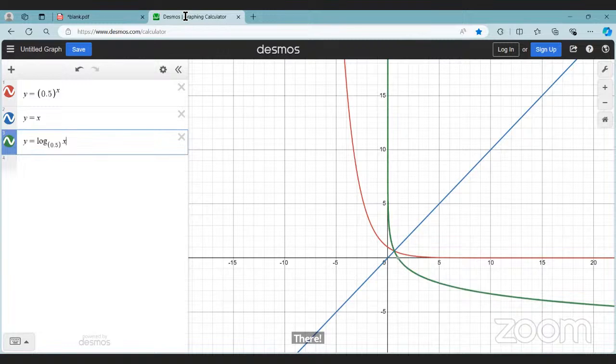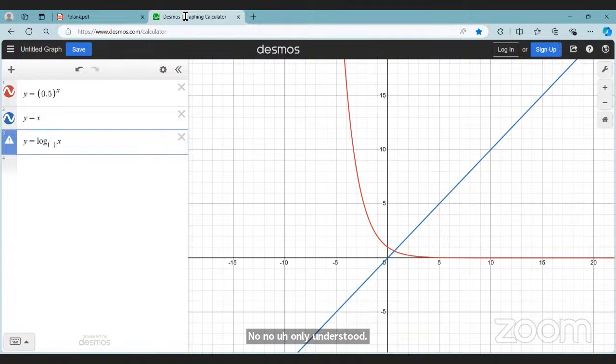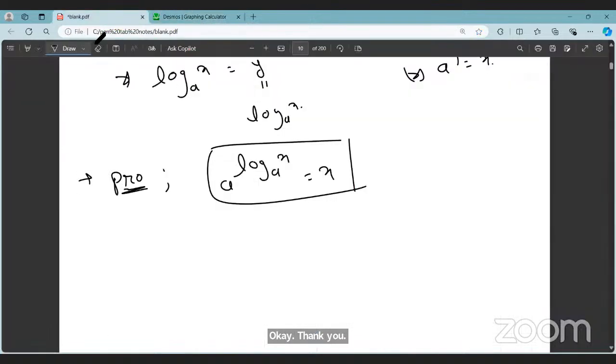You have to use an underscore. Only underscore, no shift. Whenever you have to write something in the base, or in the lower case, you use an underscore.